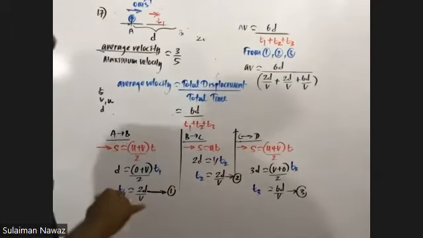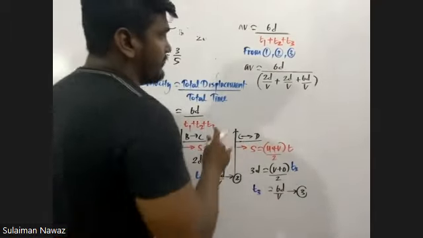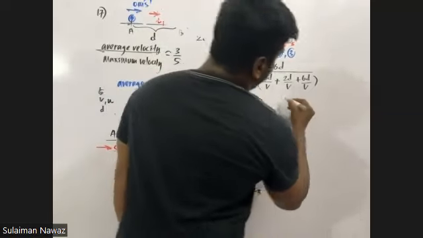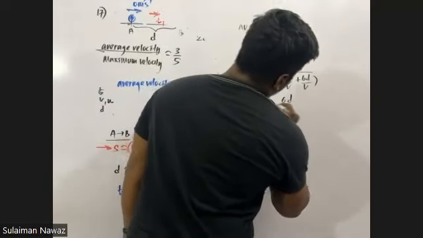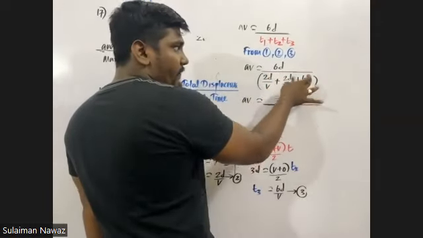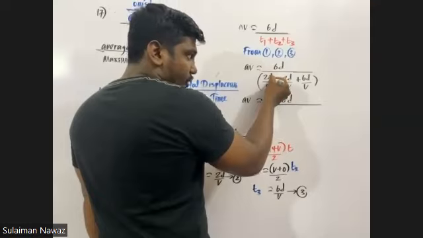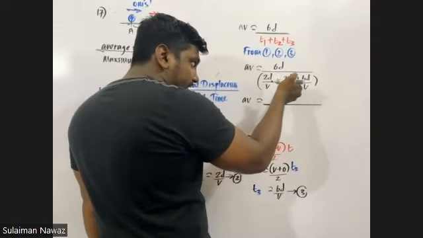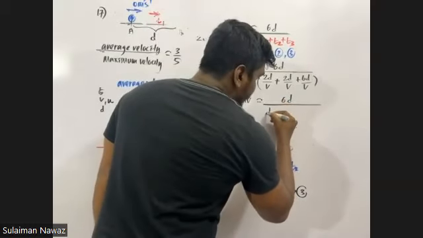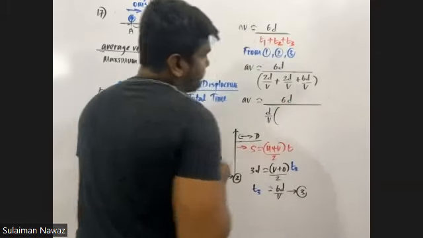Average velocity. Now I can simplify this one further. Look at it. Average velocity means 6d over, I can take d over v as my common factor, right? d over v, d over v, d over v, all these three terms have d over v. So I can take d over v as my common factor.